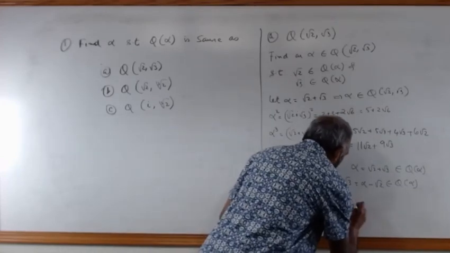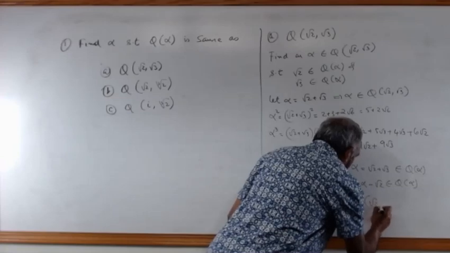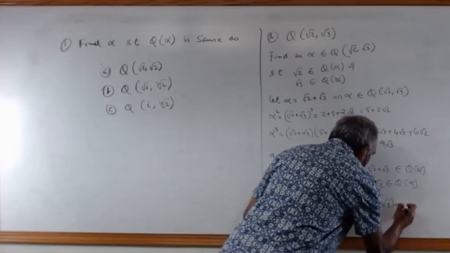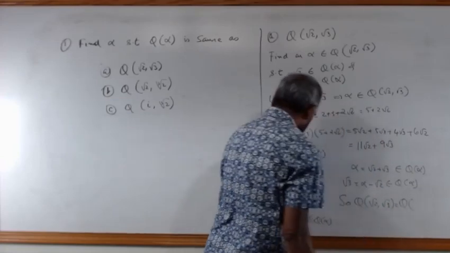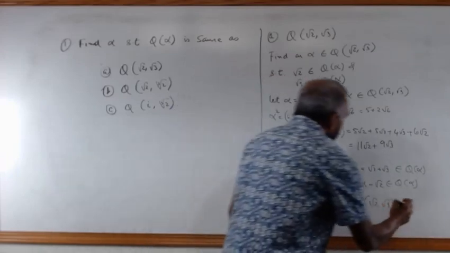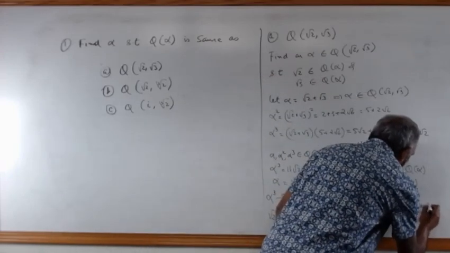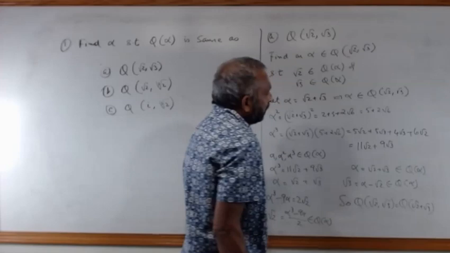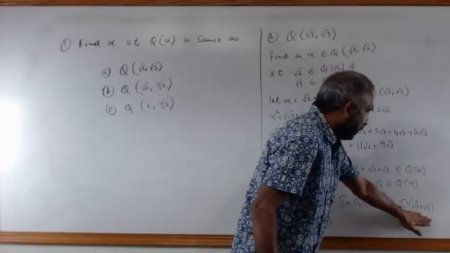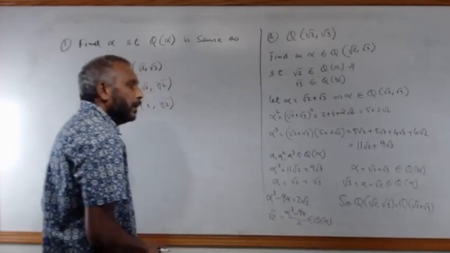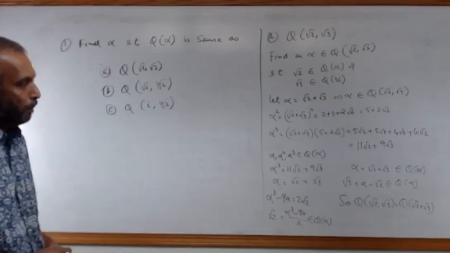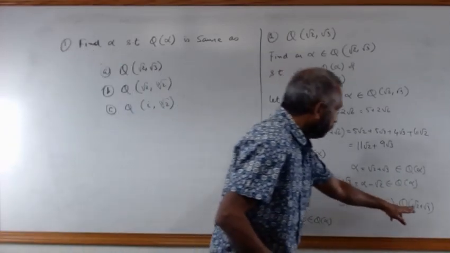So Q(√2, √3) is equal to Q(√2 plus √3). This is not unique. You can find different numbers also, but this is one of them.